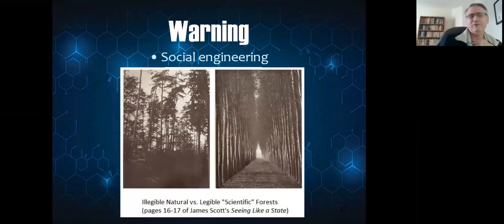One of the examples in the book is a scientific forest, which you see on the right-hand side of the picture. The scientific forests were introduced in Europe, and they found that in the first year they had a very good yield of timber and wood.